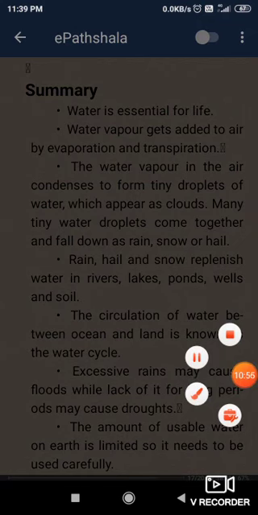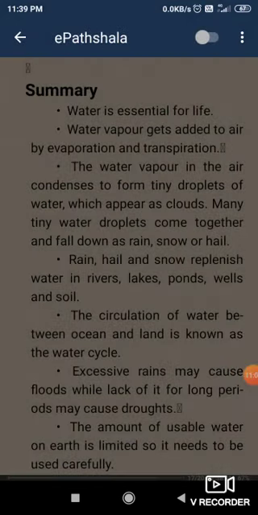Rain, hail, and snow replenish water in rivers, lakes, ponds, wells, and soil. The circulation of water between ocean and land is known as the water cycle. Excessive rains may cause floods, while lack of it for long periods may cause droughts. The amount of usable water on earth is limited, so it needs to be used carefully.